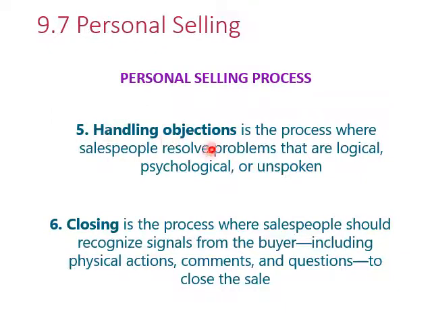Next one is the fifth step, which is handling objection. Handling objection is a process where the salesperson will resolve problems that are logical, psychological, and also unspoken. This is when you are answering the questions when the customer tries to say no to you, or has some objections, or gives you negative comments, or starts to show that they are not interested in the product.